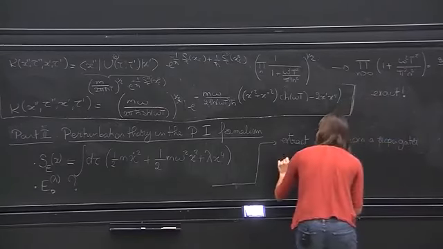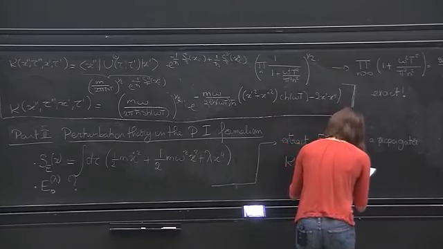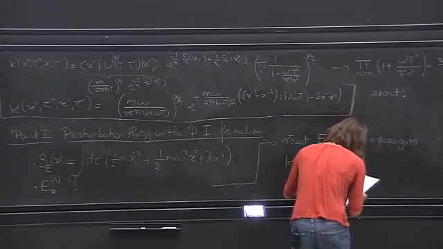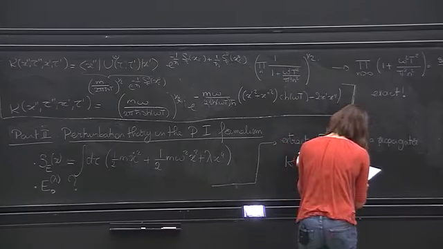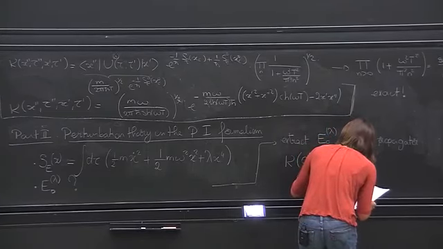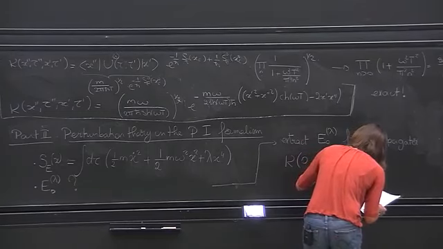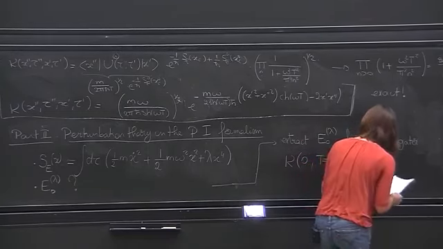But here I'm going to use this very trivial propagator, which is a propagator from the point 0, 0 to the final point 0, and then I'm going to use here big T, which I'm going to introduce as beta.